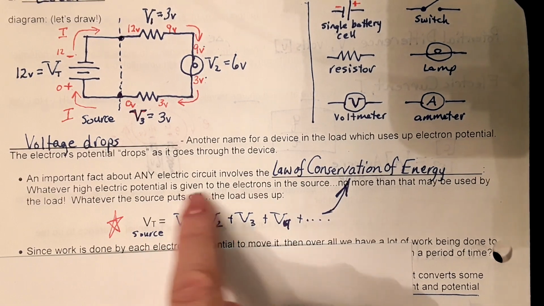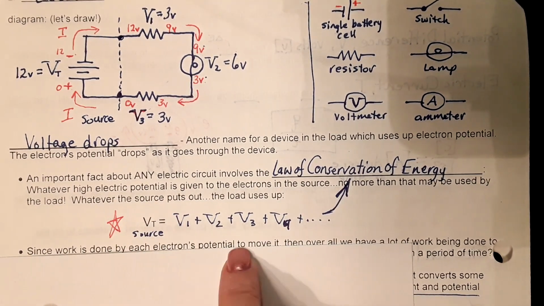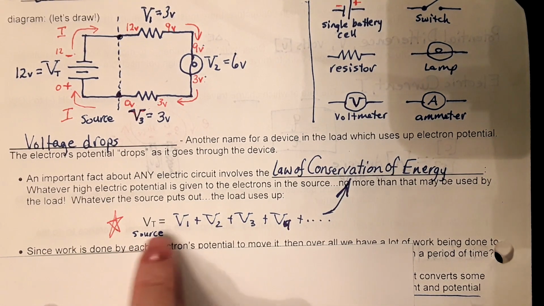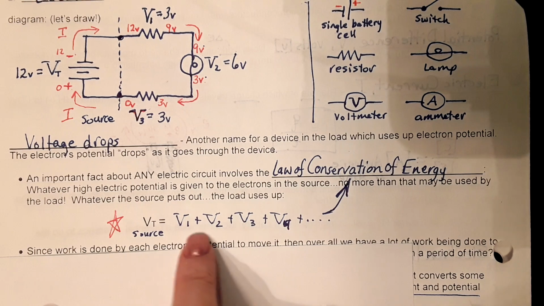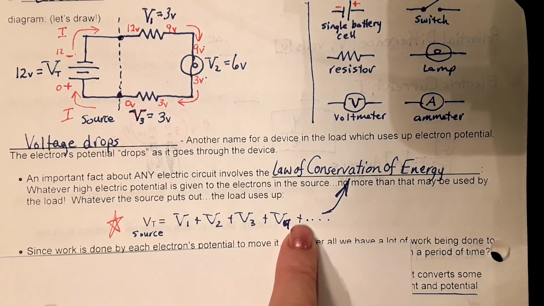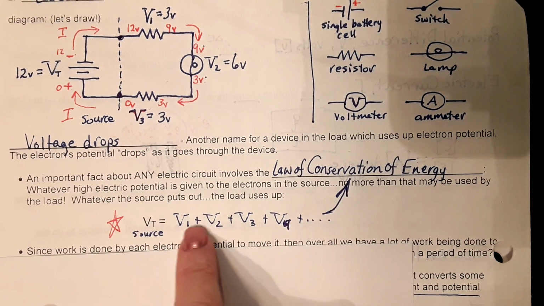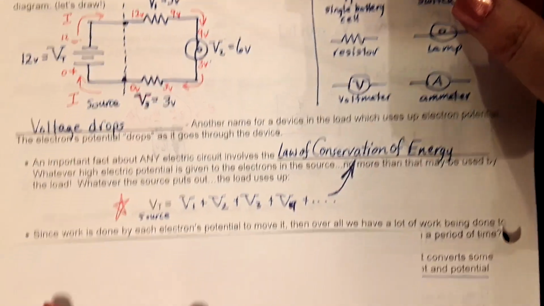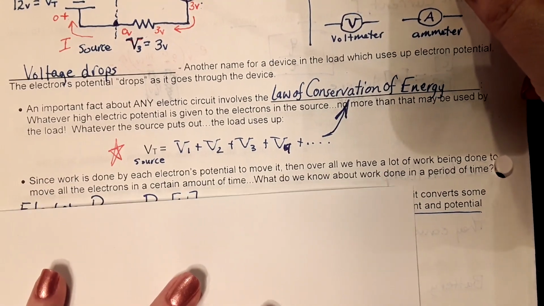So this little rule right here, and it is a rule, is a statement of conservation of energy. What the source puts out, the load uses up. And it doesn't matter how many voltage drops are in the load. They must all add to the total. Conservation of energy. Okay?